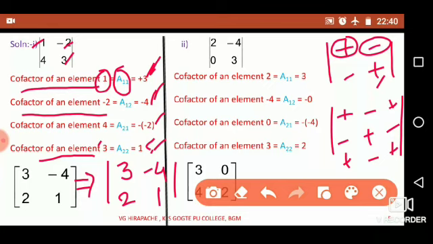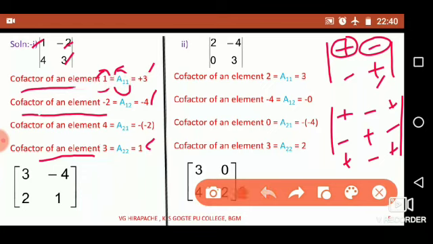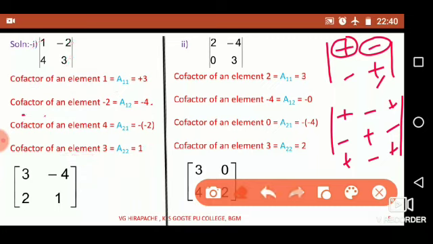If the minors are multiplied by plus, minus, minus, plus for second order, then those become the cofactors of a given determinant. Dear students, with the help of these examples, let me start one more problem so that it will be easy to find the cofactors of this given determinant. Let me begin with cofactor of the element 2. Dear students, let me get the cofactor of 2.